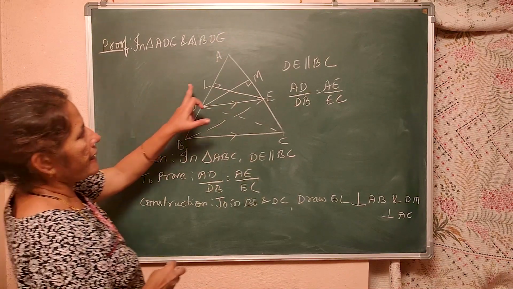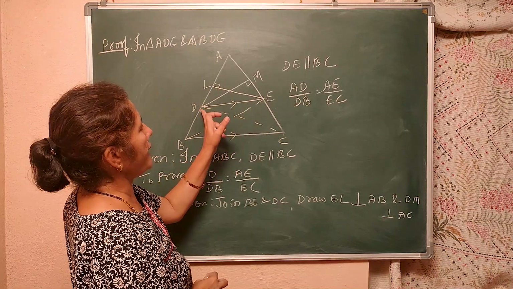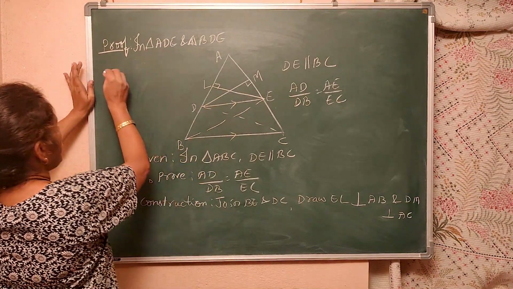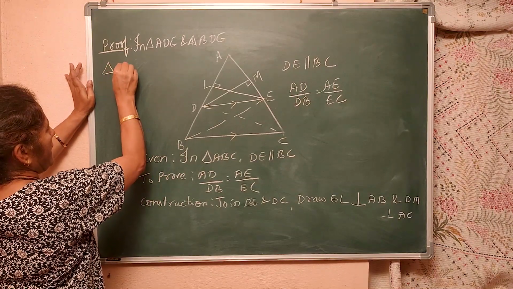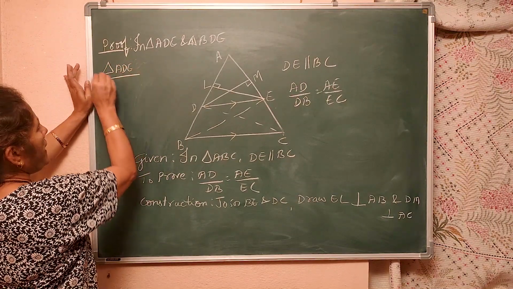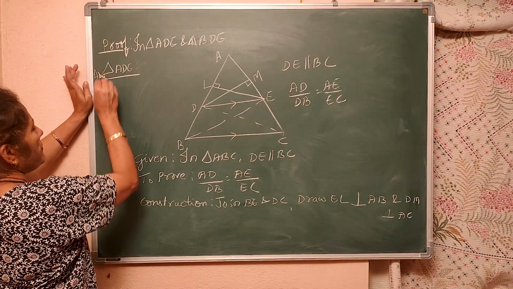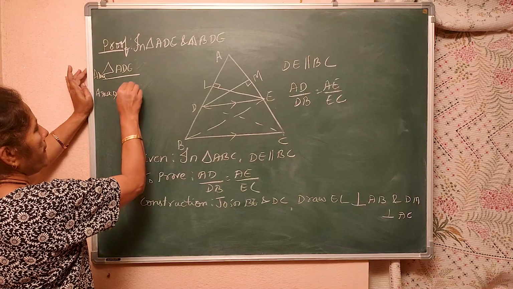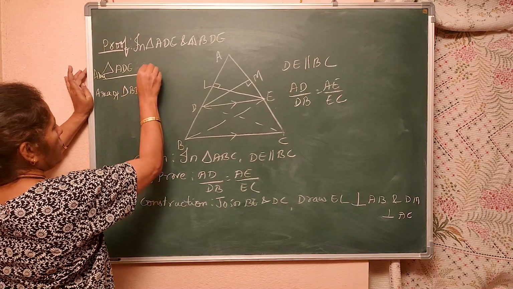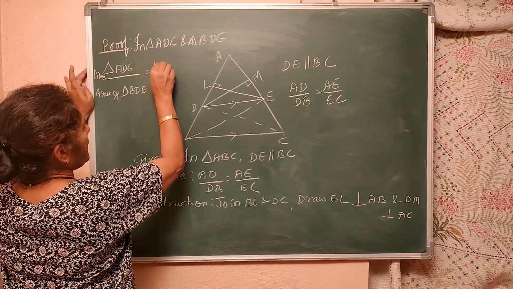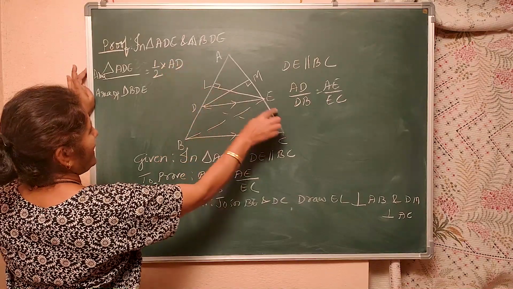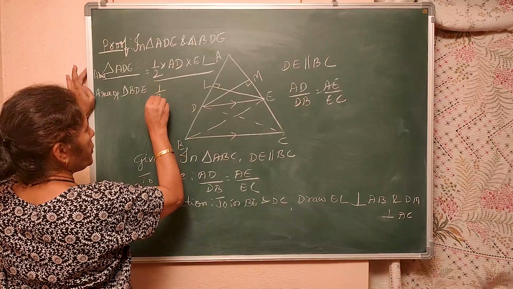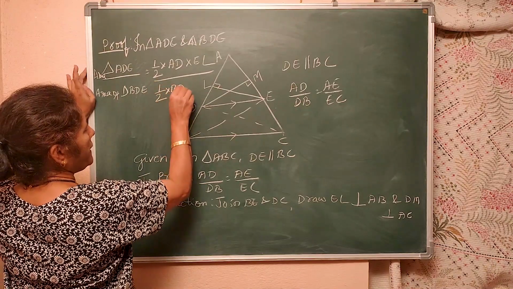You know, EL and DM are perpendiculars, right? So I write down area of triangle ADE divided by area of triangle BDE is equal to half into AD into EL divided by half into BD into EL.